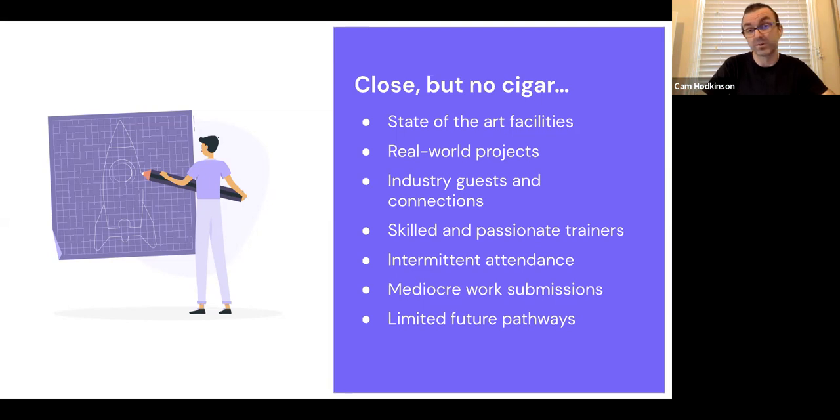Work submissions were a little mediocre, and effort was waning, particularly when the students were busy. And we really saw that there were limited future pathways. Students did the Cert 3 and 4, but then would end up doing something completely different, and found it difficult to progress into another degree or to use those skills out in industry.